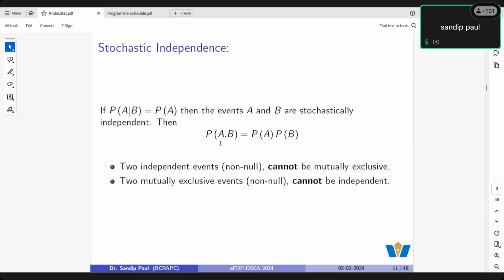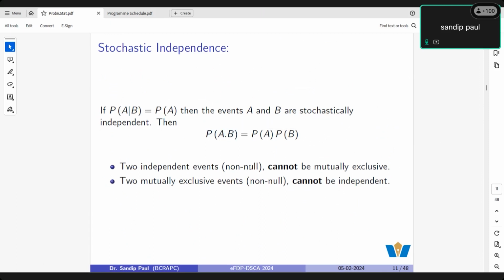Mathematically we can write the probability of simultaneous occurrence as probability of A into probability of B. Now, we know the concept of disjoint events or mutually exclusive events, where the probability of simultaneous occurrence is 0, or P of A intersection B is 0, and independent events satisfy the product relation.